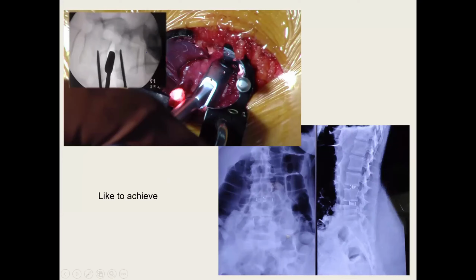Don't be over aggressive in putting larger and larger sizes, because hammering the sizer also has a chance of breaking the body, and that can cause persistent pain. There is a case report of vertebral body fracture. I'll show you in a later slide. So what we want to achieve is to have the cage from one pedicle to the other pedicle and in the central part of the body.